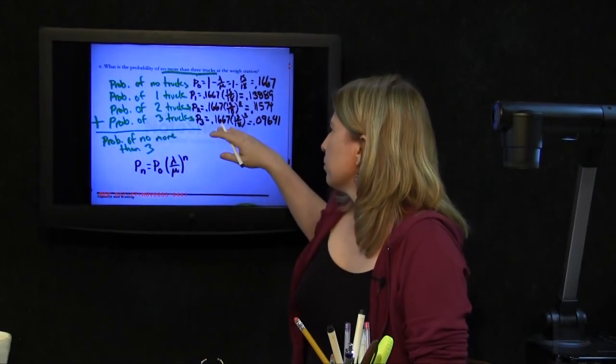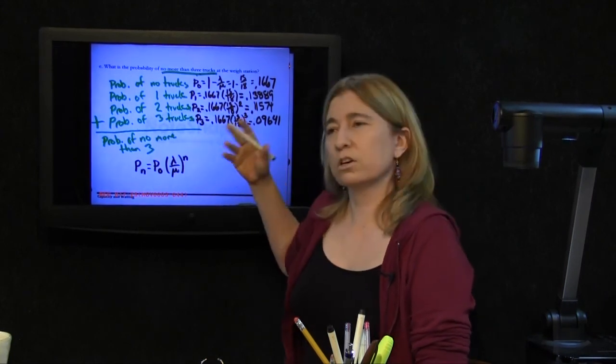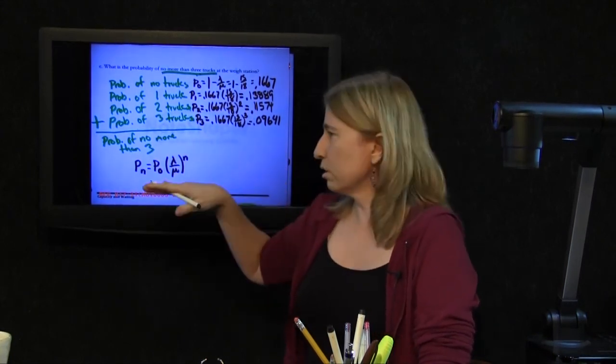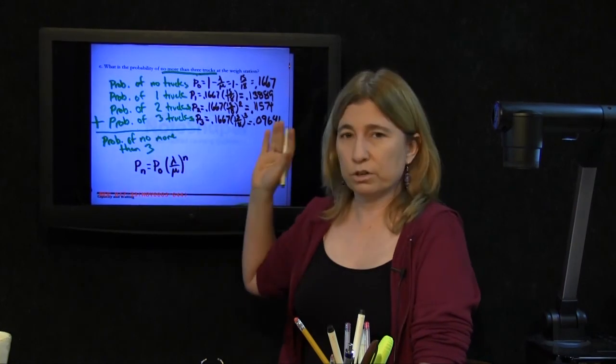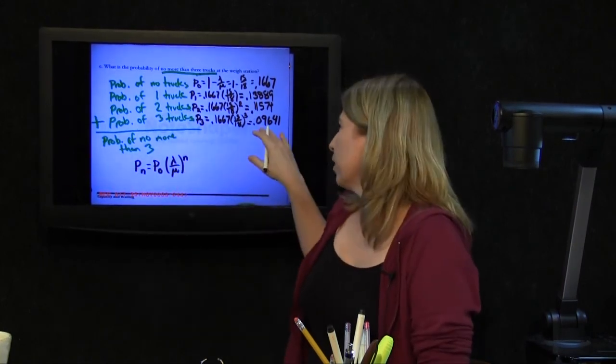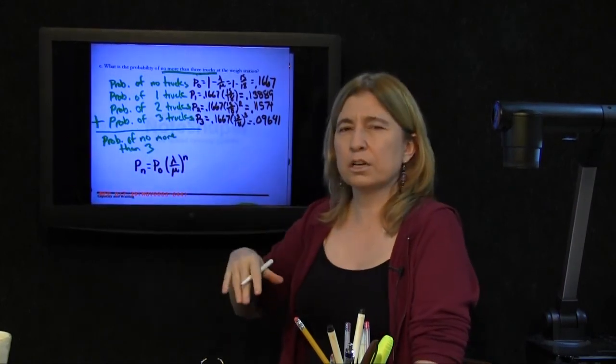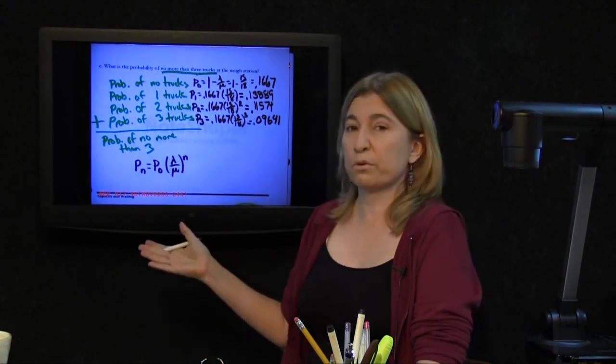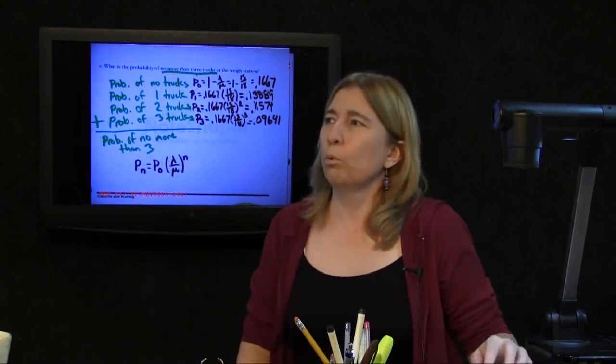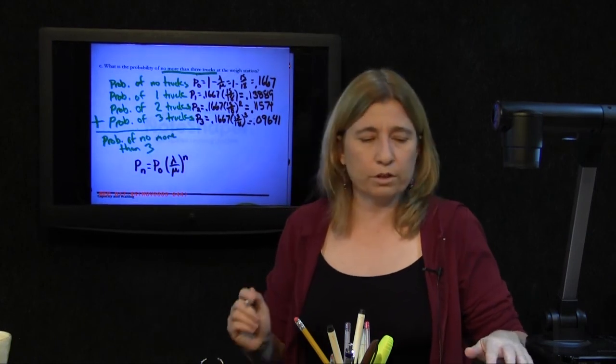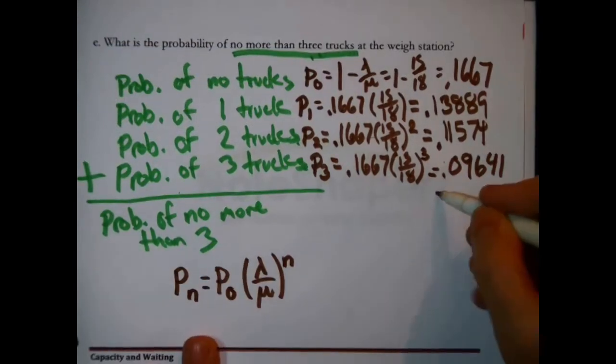Now what do I have here? I have a series of scenarios and their likelihood. There's a 16-17% chance you look over at the weigh station and there's no trucks there. There is, for instance, about a 9 going on 10% chance you look over there and there's 3. What was the question? What's the probability that there's no more than 3? We add these up.